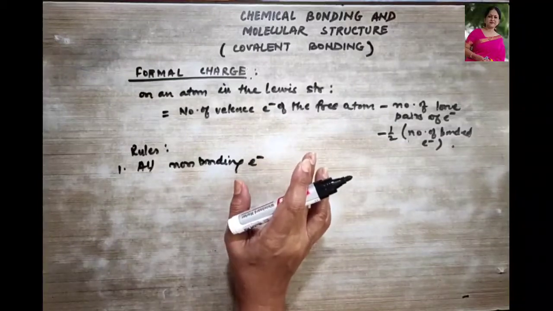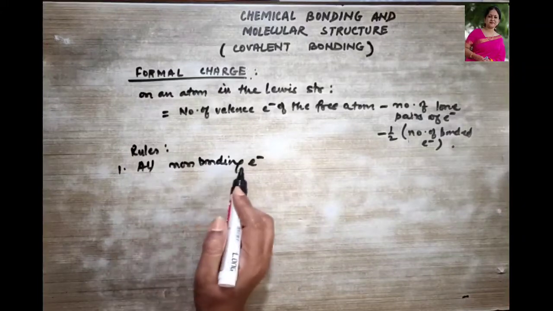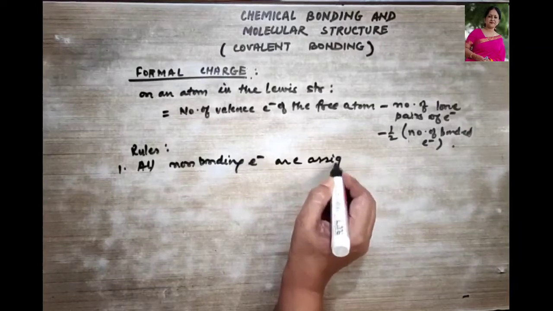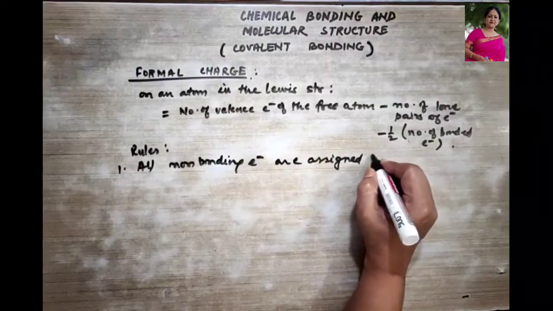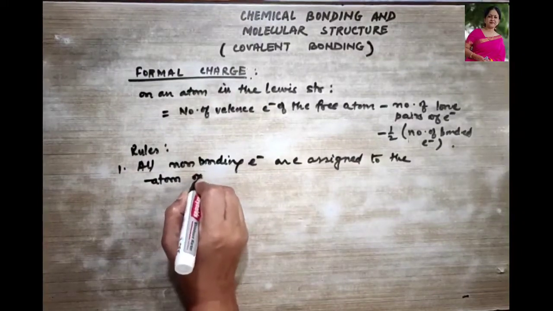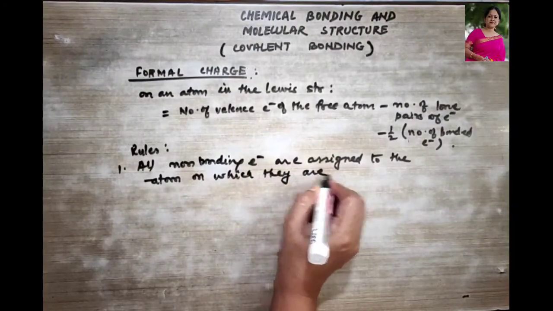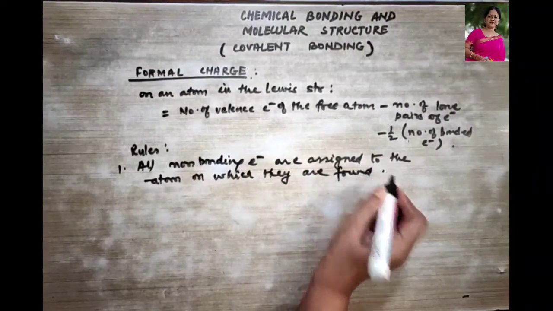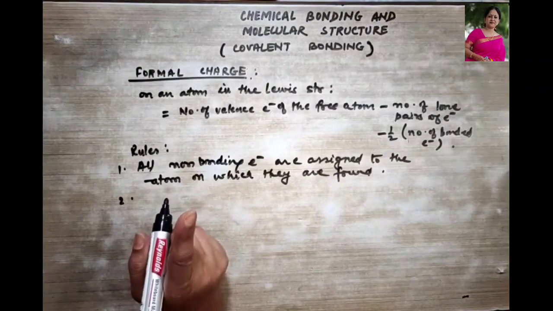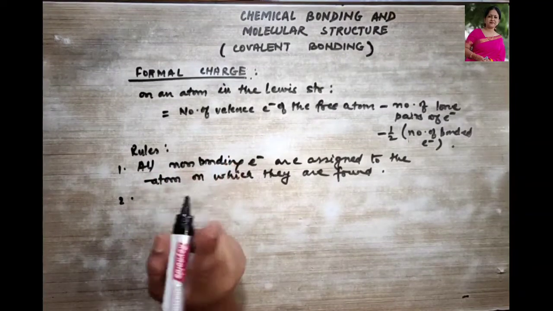These are all assigned to the atom on which they are found, right? So all non-bonding electrons are assigned to the atom on which they are found. Clear? Then the second important point: each atom in a bond is assigned half of the total number of electrons it shares in the bond.